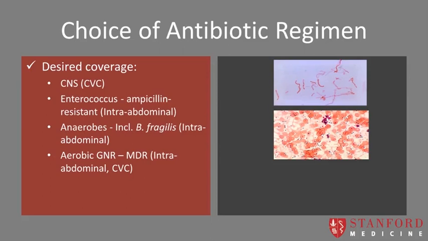Anaerobes are almost certainly present if the intra-abdominal site is the source, but of course the antibiotic regimen the patient was receiving provides good anti-anaerobic coverage. And then finally, aerobic gram-negative rods, including multi-drug resistant organisms in some circumstances, must be considered.